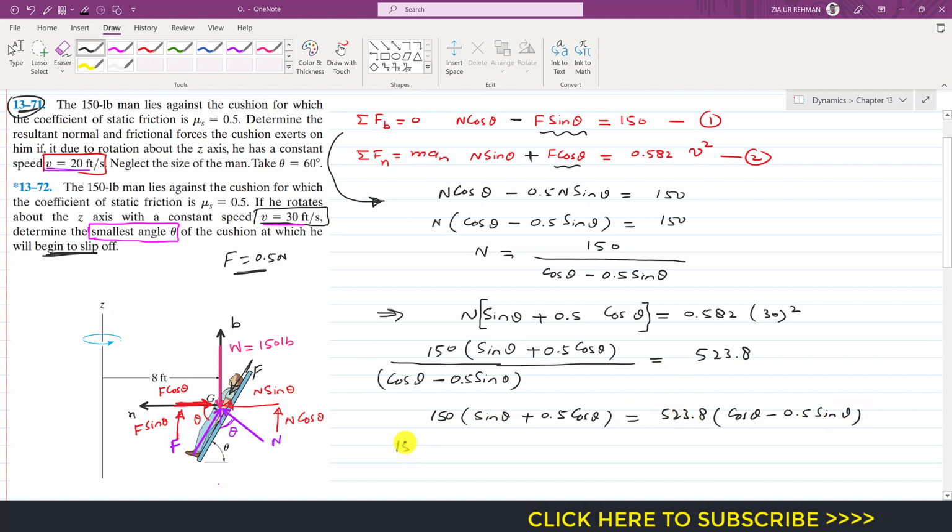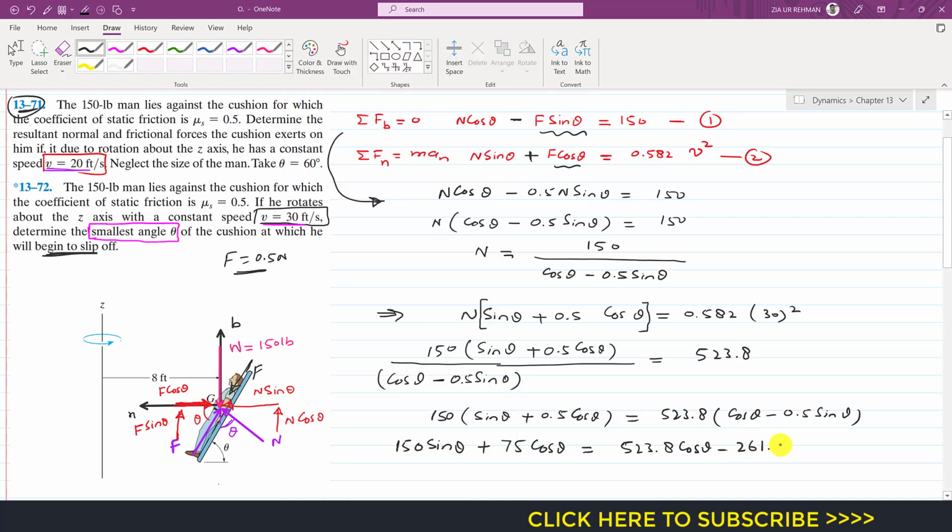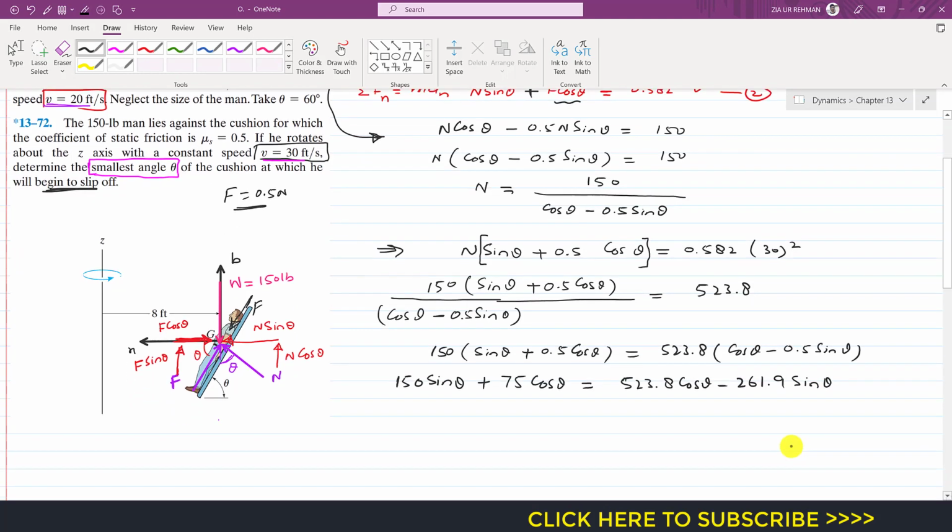This will become 150 sine of theta, and 150 into 0.5 will become 75 cos of theta, and this will be 523.8 cos of theta, and 523.8 into 0.5 is 261.9 sine of theta.